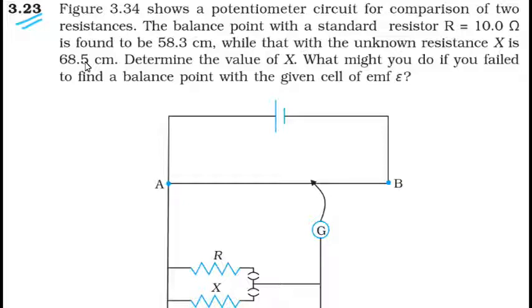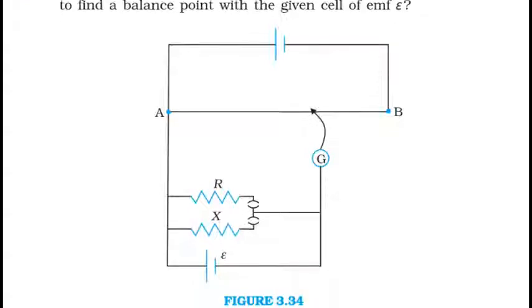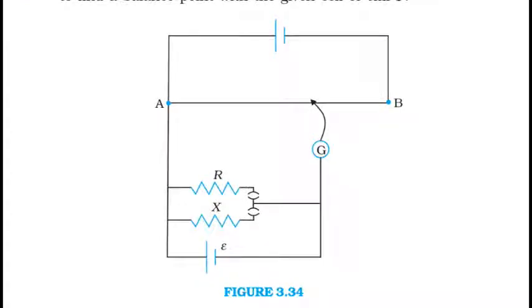Determine the value of X. What might you do if you fail to find the balance point with the given cell of EMF E? So let us see the figure completely. So this is the complete figure. Let us see the solution.